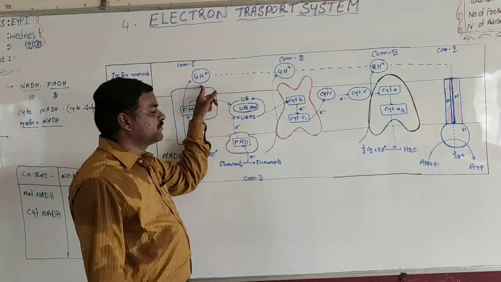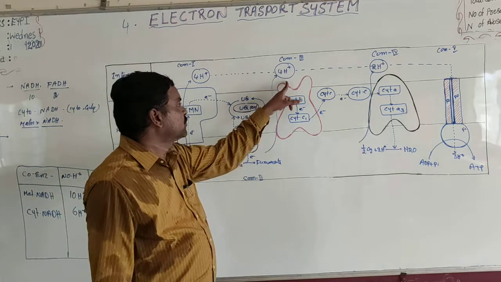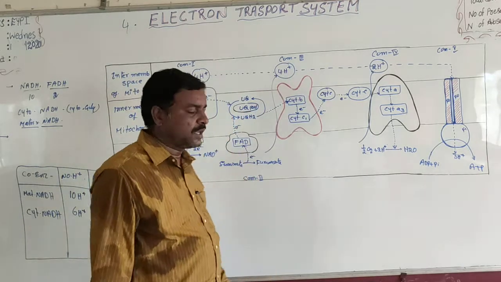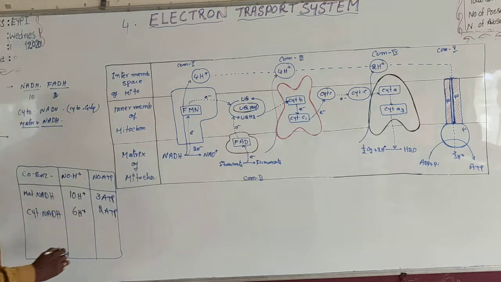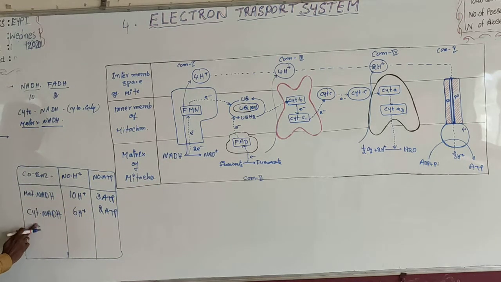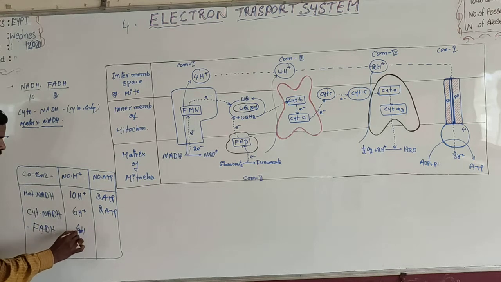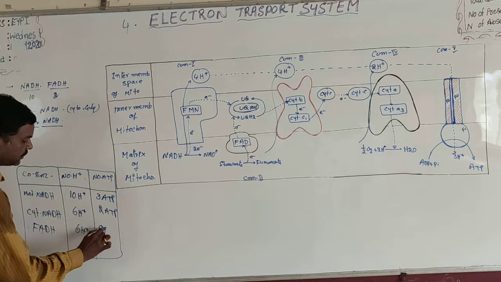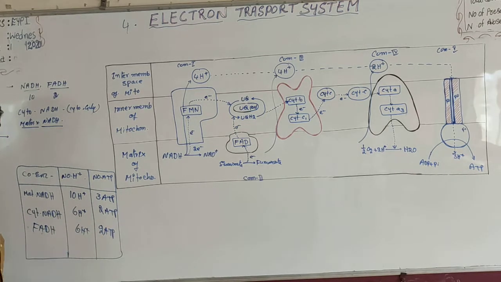So that is minus 4 H+. So that also is 6 protons and only 2 ATP molecules. That is, oxidation of FADH2 also contributes 6 H+ and yields 2 ATP molecules.